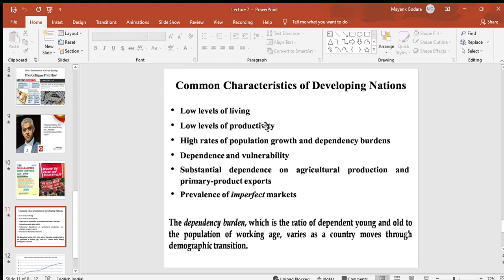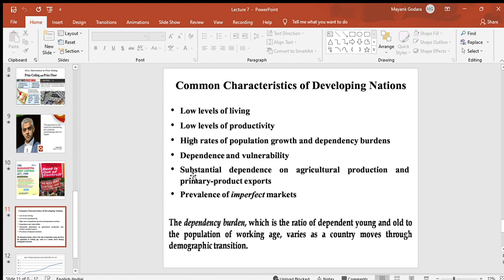What are the common characteristics of developing nations? Low level of living, low level of productivity, high rate of population growth and dependency burden, dependency and vulnerability, substantial dependence on agriculture, production and primary product exports, and prevalence of imperfect markets.